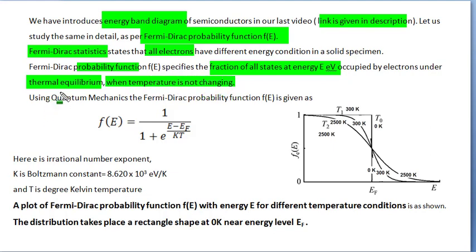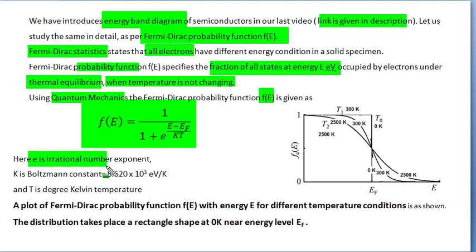Now if we use quantum mechanics, then this Fermi Dirac probability function is given by this mathematical expression. Here this E is not electronic charge, but it's an irrational number called the exponent, which is roughly 2.718. Now this K is Boltzmann constant. In eV per Kelvin unit, it is 8.62 into 10 to the power minus 5.